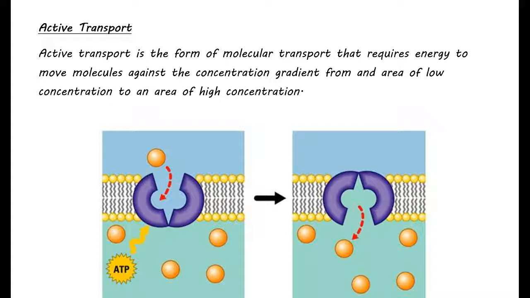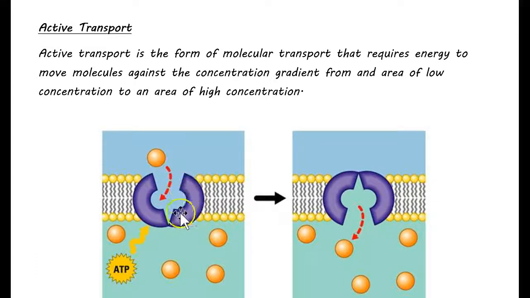For that, we're going to require energy. This is a form of molecular transport that we call active transport, and it moves the molecules against the concentration gradient. So we're still going to utilize proteins. Here's our phospholipid bilayer, and this is a protein.